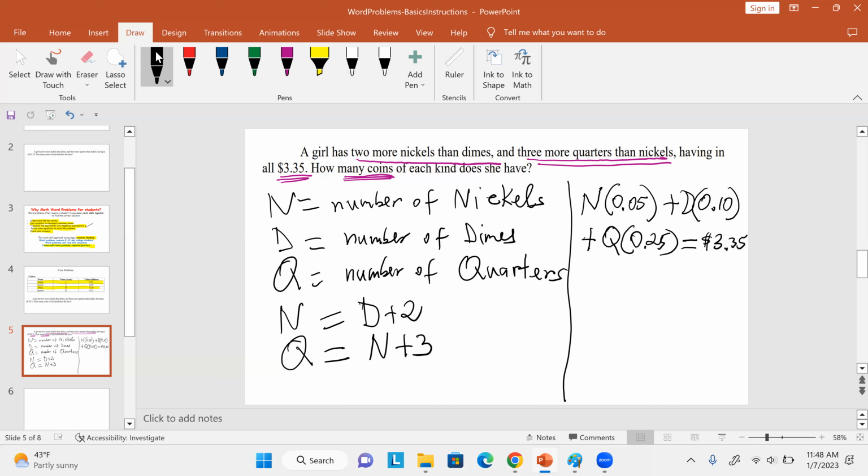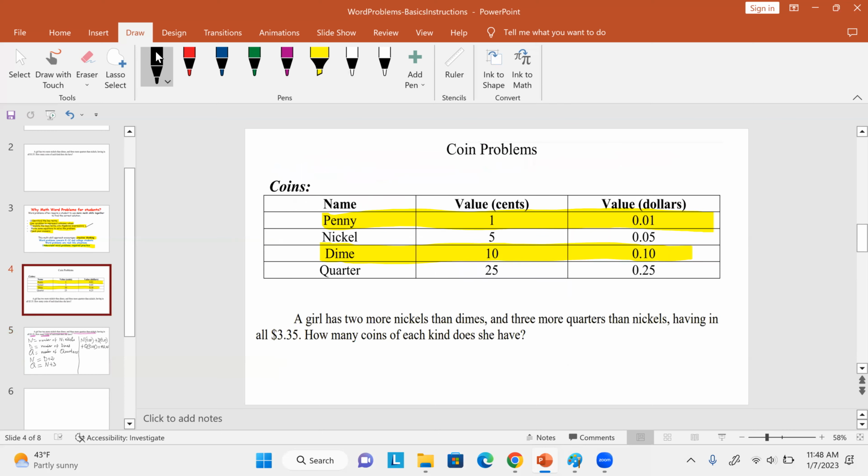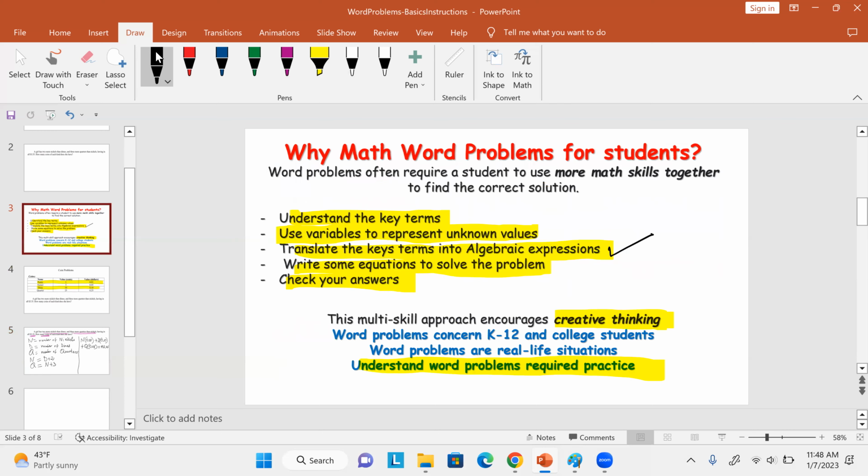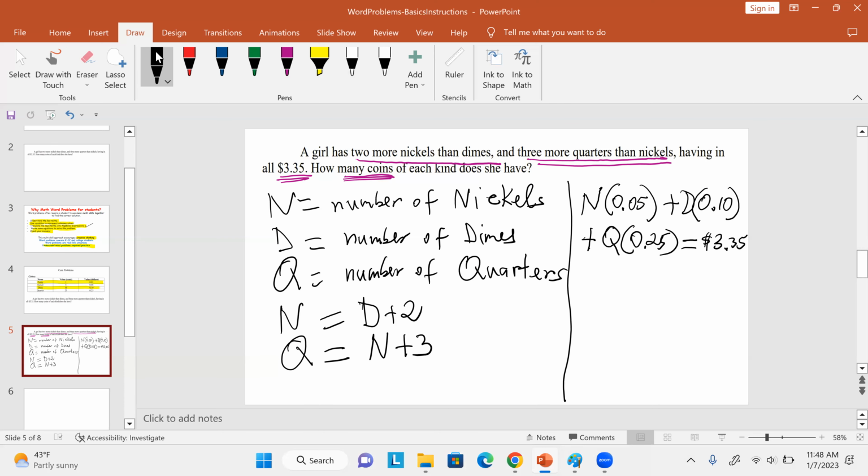But remember, we said the $3. Okay, there's something we can do. We know that $1 is 100 cents. So $2 will be how much in cents? 200 cents.